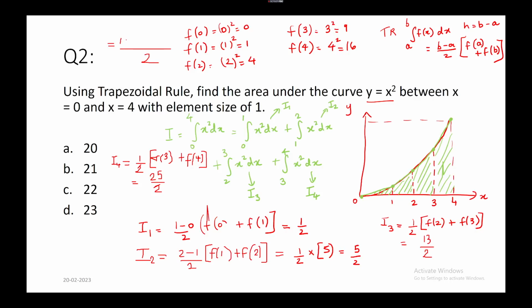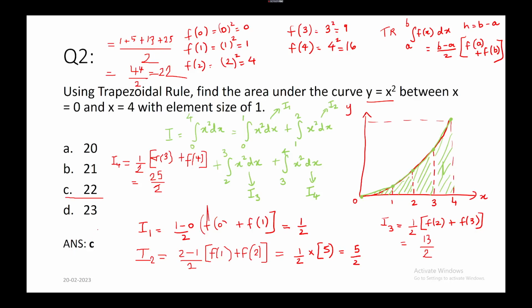In the numerator you will have 1 plus 5 plus 13, then you have 25. How much is this? 5 plus 1 is 6, 6 plus 13 is 19, 25 plus 19 is 44, by 2 equal to 22. So yes, we have got the answer. Answer is 22.